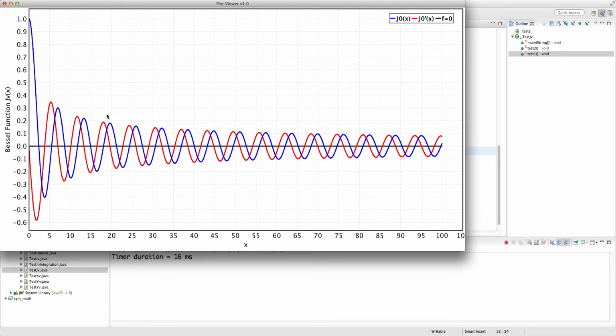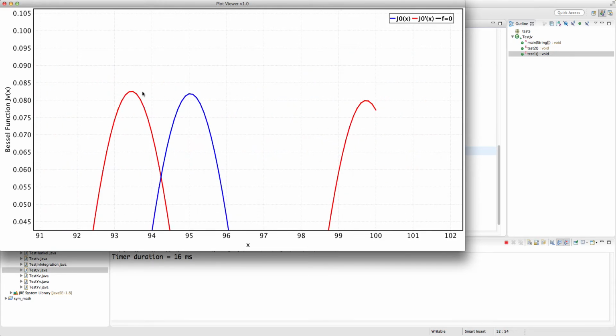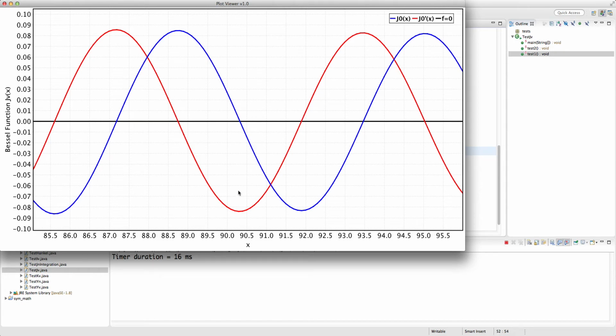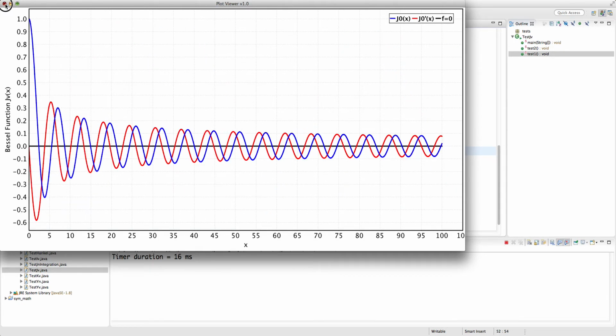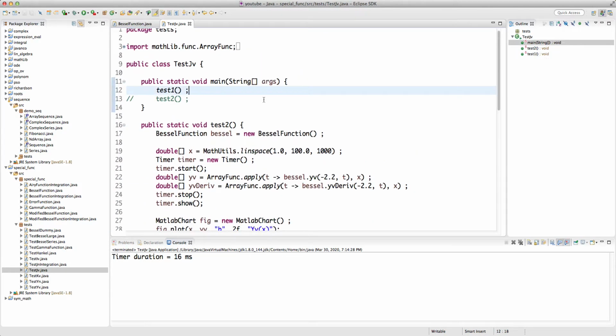So the Bessel function is behaving very similarly to a sinusoidal function. And obviously we know that the amplitude should drop very slowly. So the amplitude is not constant anyways. You see there is a very slow drop in amplitude. But locally around here, for example, in this interval, the Bessel function J0 is very similar to a sinusoidal.